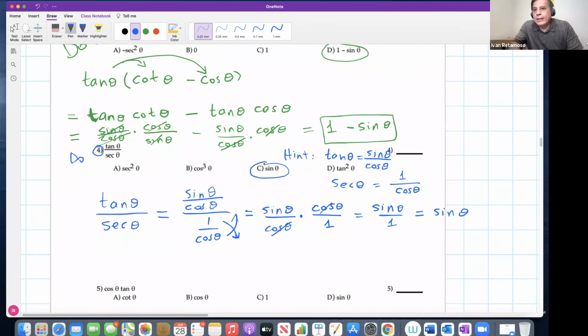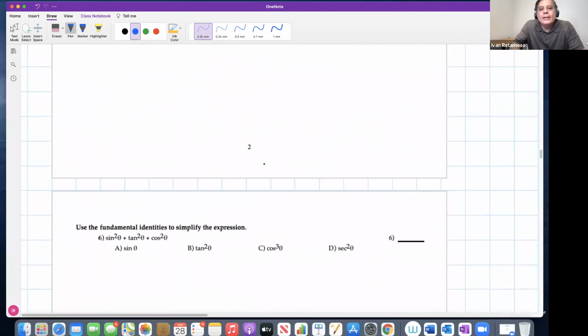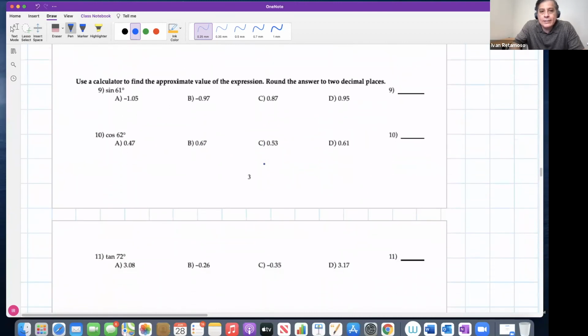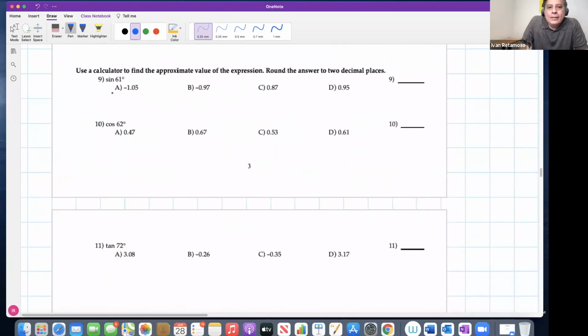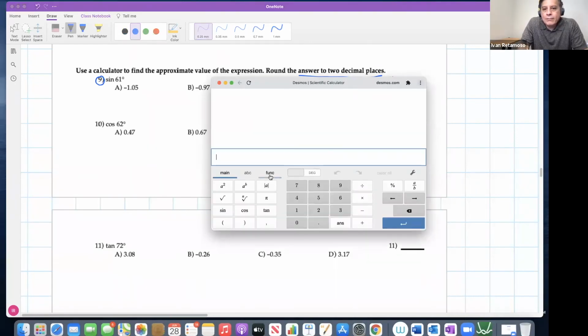Now let's talk about how to use the calculator in case the angles are not special, are not 45 degrees, are not 60 degrees. Let me explain number 9 to you, and then I will ask you to do this one, okay? How to compute sine of 61 degrees and approximate it to 2 decimal places. Well, pretty straightforward. You go to your calculator and you look for the function sine.